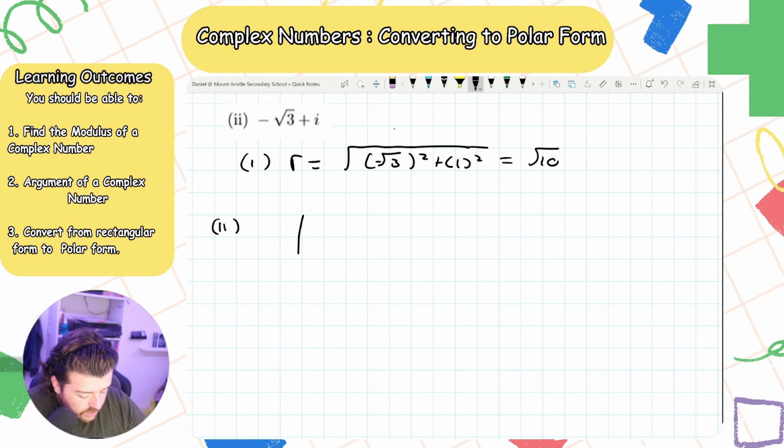So do a rough sketch. I cannot draw a straight line. Ding, ding. Straight line minus root 3 on the x-axis. I'm kind of going over to the left. Plus i, and I'm going up here. So this is 1. This is root 3.